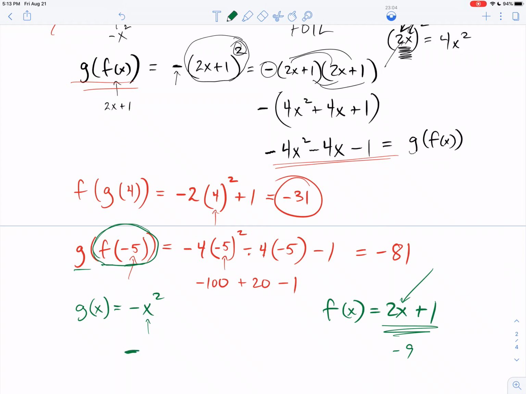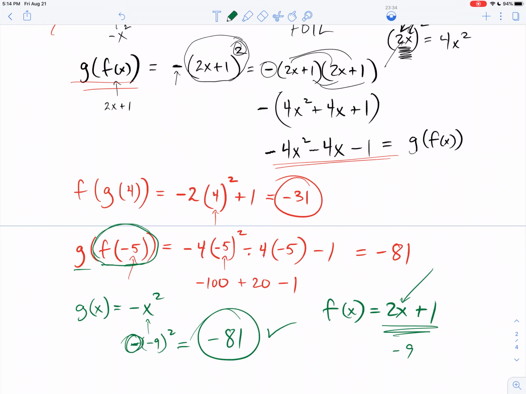The negative is not part of what gets squared. That's not what g says. Just the x part is getting squared, then you put a negative. So order of operations, you would say negative 9 squared. That's 81. Then you make it negative. So the answer is negative 81.